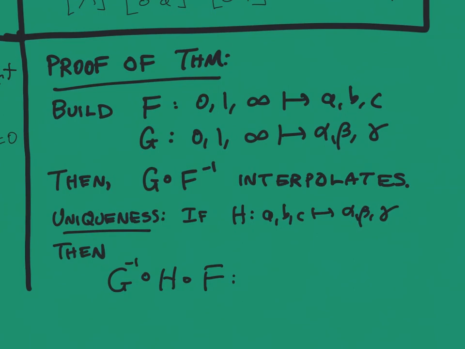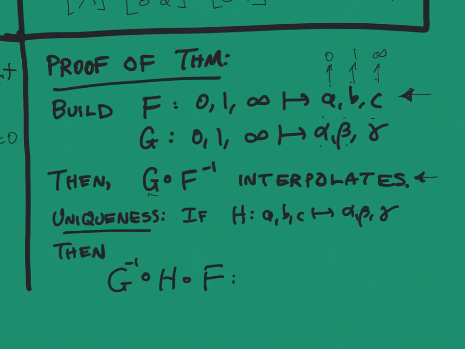Okay, so we build one F that sends 0, 1, infinity to A, B, and C, and you build a G, a fractional linear transformation that sends 0, 1, infinity to alpha, beta, gamma. Then F inverse G will interpolate, because F inverse will send A to 0, B to 1, C to infinity, and then G will send those to alpha, beta, gamma, and it does the right thing. So that's all using the second lemma.